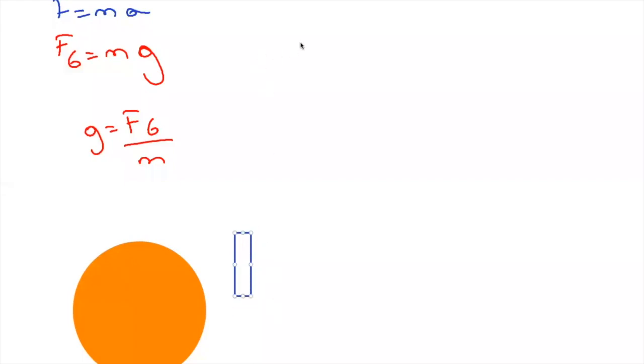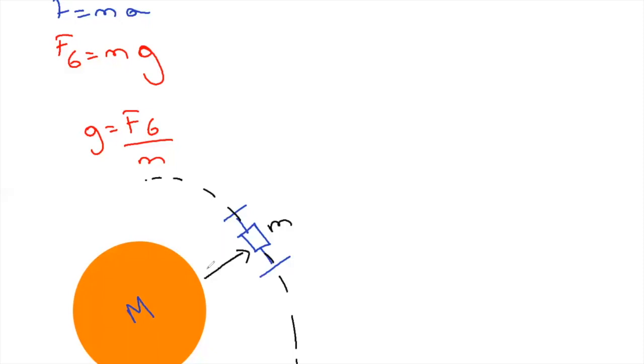And this is big M, and this is the small m. And let's make a little orbit. And this is going to be R. This is the separation between these two.